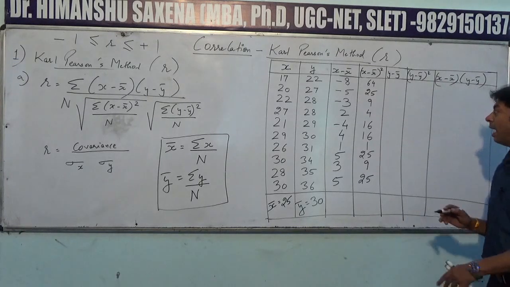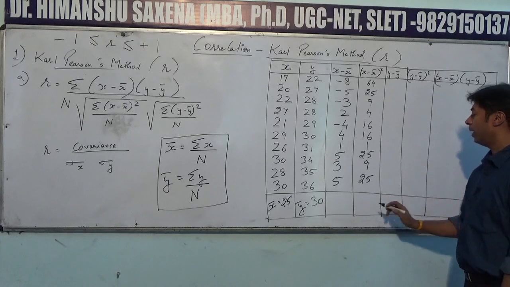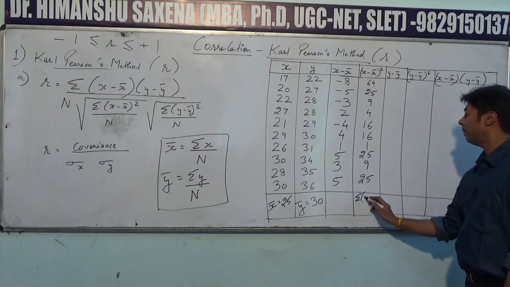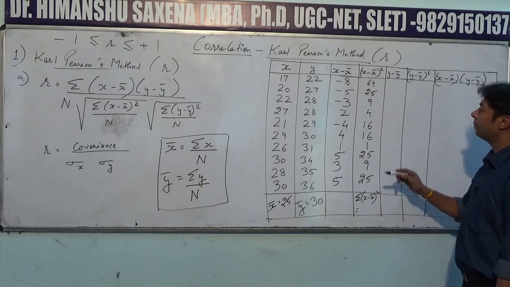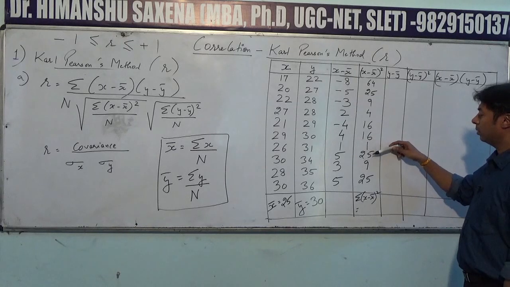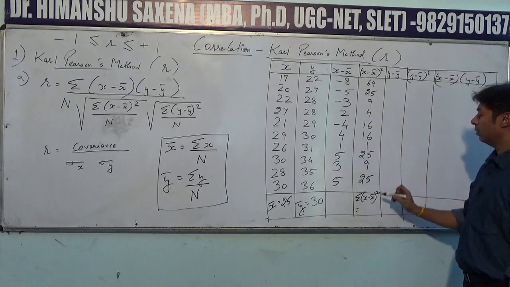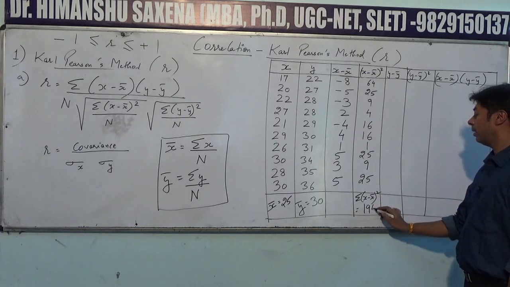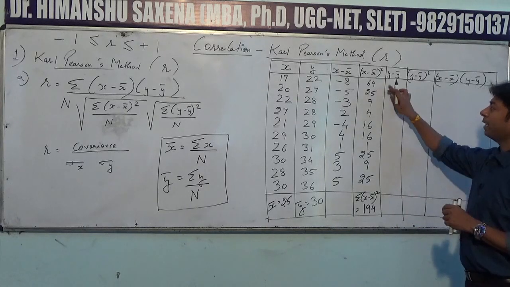So now please add up all these values of this column x minus x bar whole square and tell me what is the summation of x minus x bar whole square. That is equal to 194.